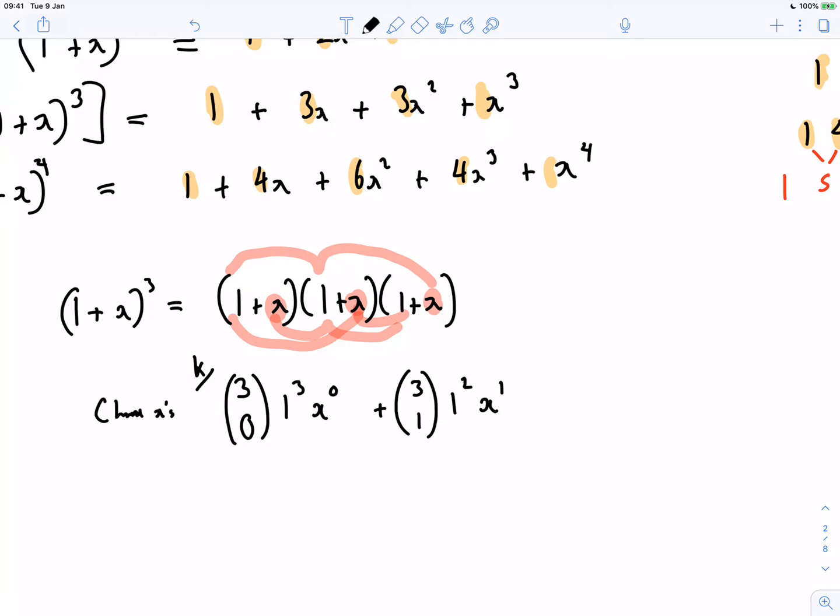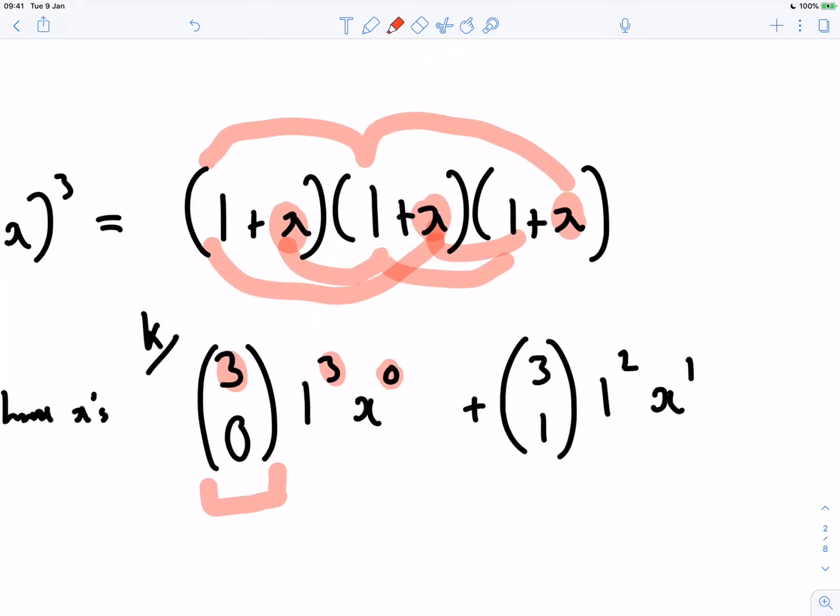Now, the reason why these powers must add up to the number of brackets is because you're taking one term from each bracket. So what we're saying is we want the combinations of picking three 1s from the brackets and no x's. So each bracket has taken a 1 from it. So that's three 1s, so it's 1 times by itself 3 times.